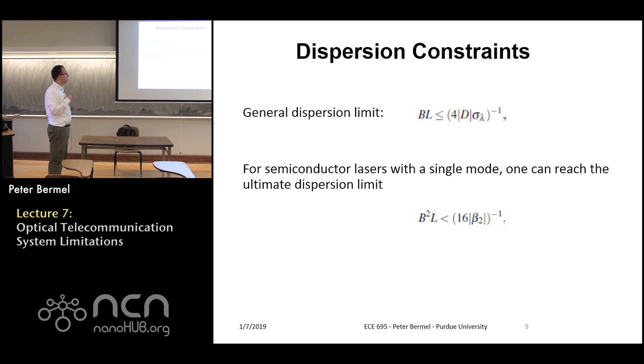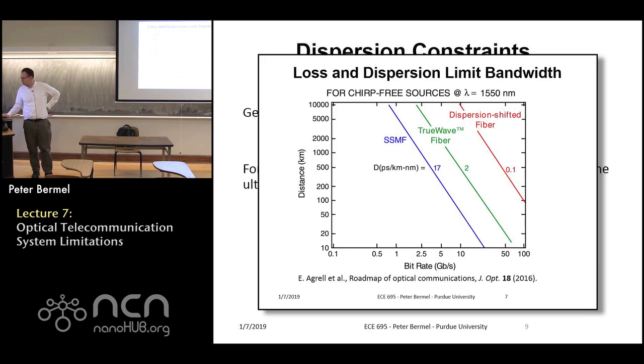So this is just taking that B delta t less than 1, and then looking at delta t as a function of dispersion, which is beta 2 times L, the length. And then remember, we showed a couple of slides ago, there's this dispersion parameter. To get the overall time delay, you take that dispersion parameter D, multiply by the length of the fiber L, so you have D times L times delta lambda, which is the spread of wavelengths. And that gives you an approximate expression for the time delay.